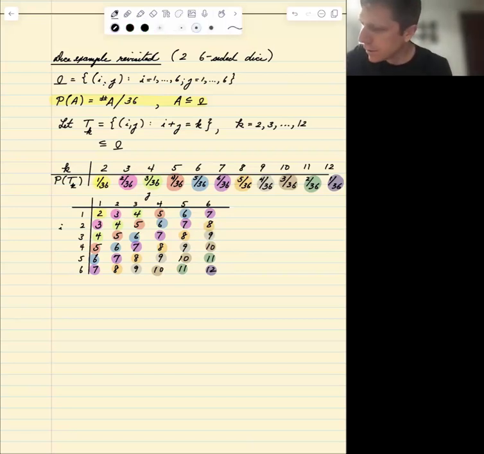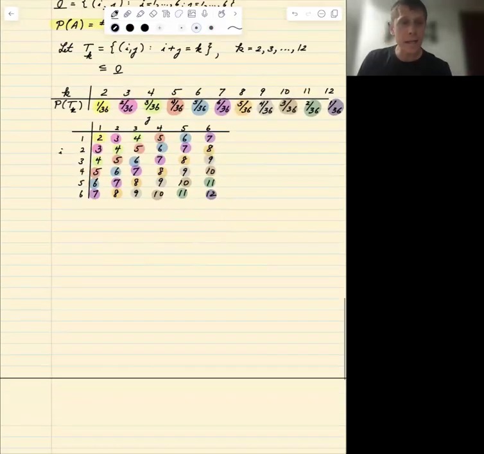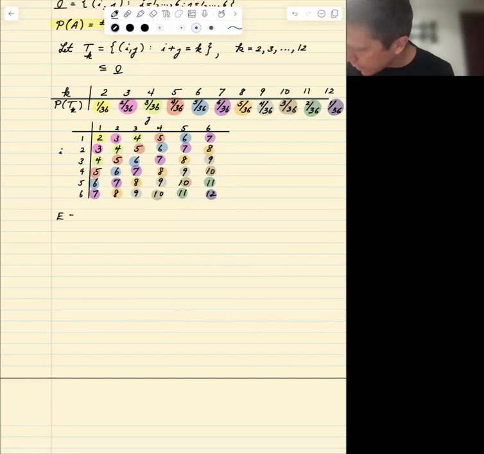So let's calculate some events. Let's consider the event of a 7 or an 11 as the sum. Of course, we can do this ourselves.